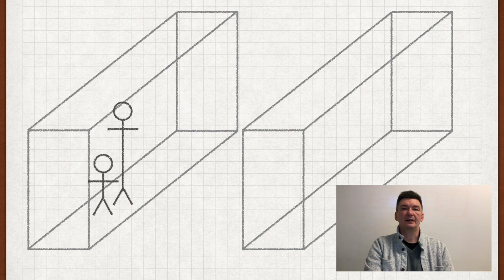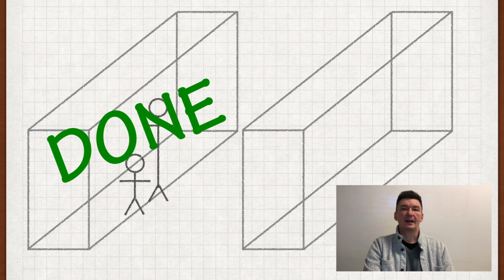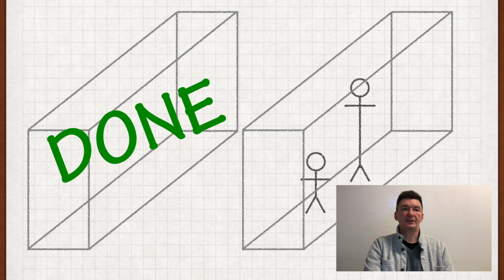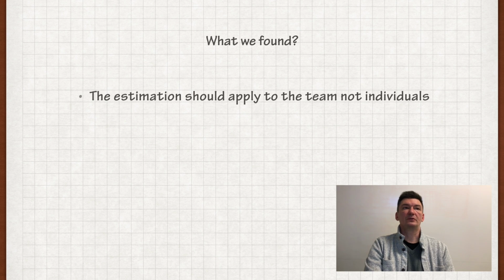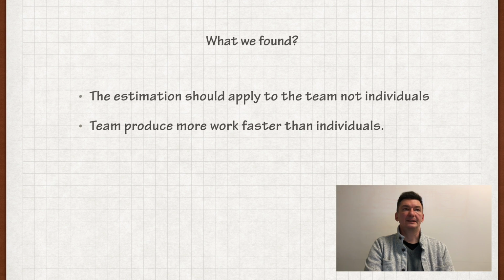Then the shorter painter paints the bottom half and the taller painter paints the higher half of the same room. In this case, room number 1 would be available much earlier for use, and then both of them start to work on room number 2. What we found? The estimation should apply to the team, not individuals. The team produces more work faster than the individuals.